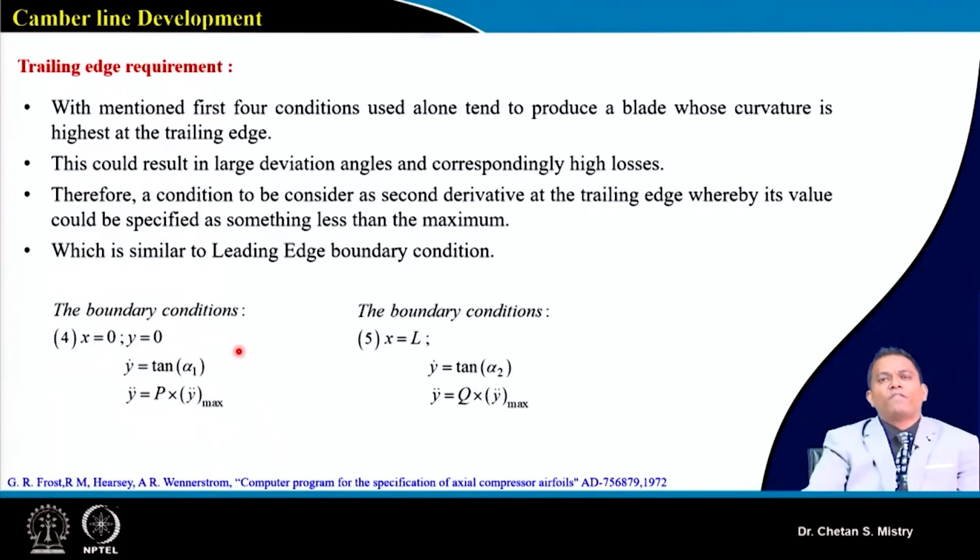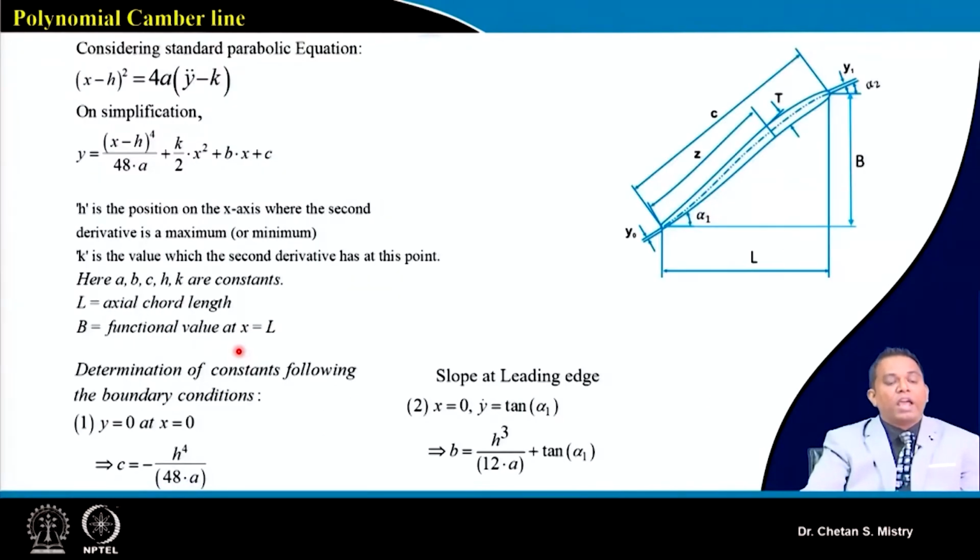So what we are discussing here will give you some idea. Later on, as per your expectation or requirement, you can modify the formulation of this line. Here we are assuming our polynomial camber line equation as (x minus h) square equal to 4a (y second derivative minus k). That we can say is a parabolic equation.